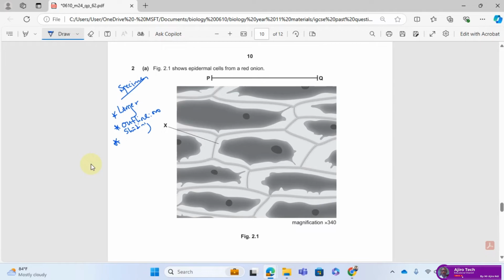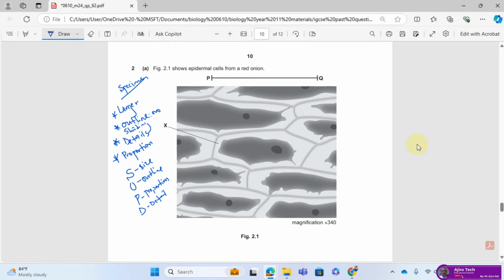Then you have to pay attention to details, and you have to ensure that your diagram is to proportion. All the details must be to proportion. So I summed it as S, O, P, and D. S means the size, O is the outline of your diagram, P means your proportion, and D the details. These are the things to take note of when making your drawing.